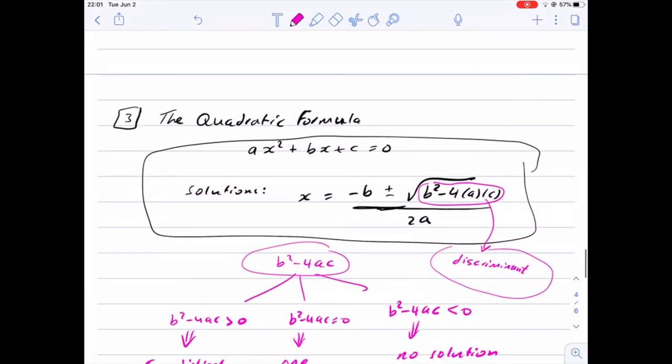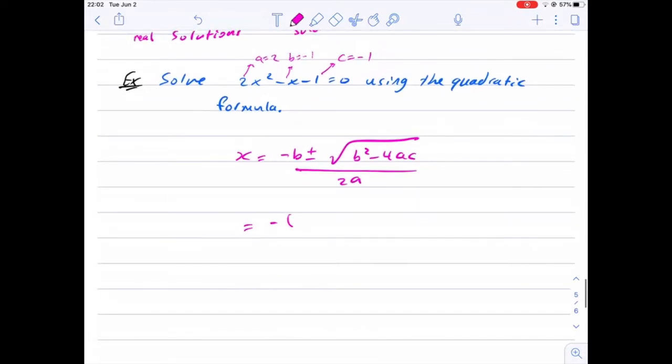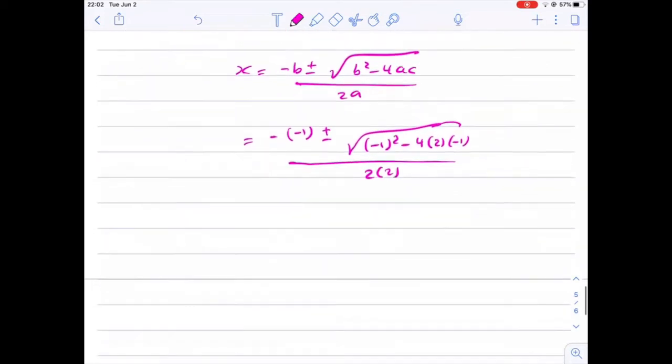Now we apply the formula. So x equals -b plus or minus the square root of b squared minus 4ac all over 2a, and this is negative b. What is b? b is -1, plus or minus the square root of -1 squared minus 4 times a, which is 2, times c, which is -1, all over 2 times a, 2 times 2.